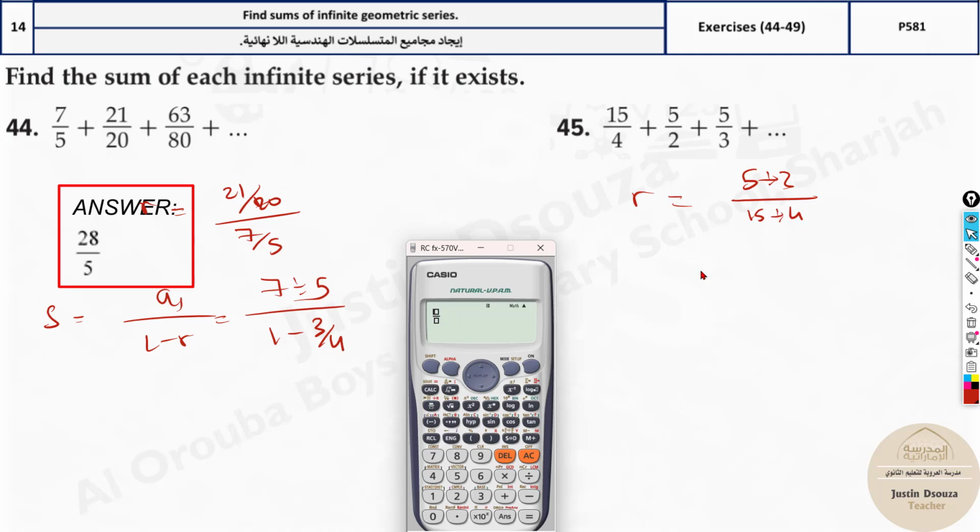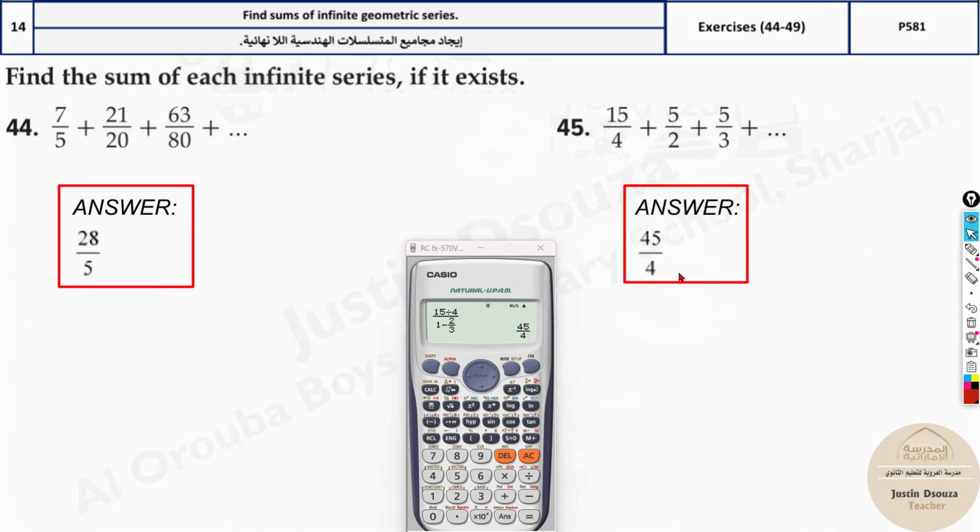Let's quickly do this. 5 divided by 2, that's 2.5, divided by 15 divided by 4. It's 2/3. Now all you need to do is 15 divided by 4, over 1 minus 2/3. When you're writing 1 minus, write it like this itself, it's much better. So the answer is 45 by 4.